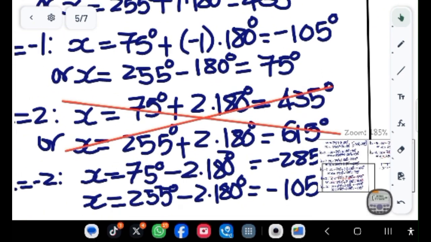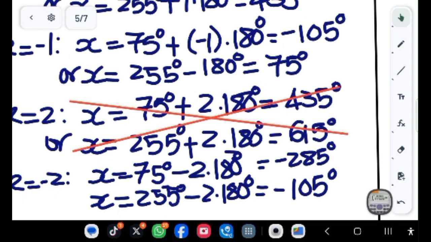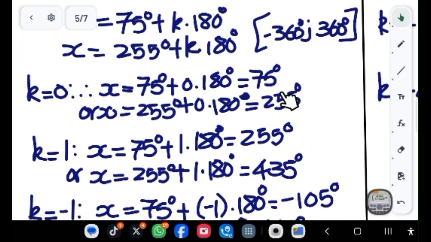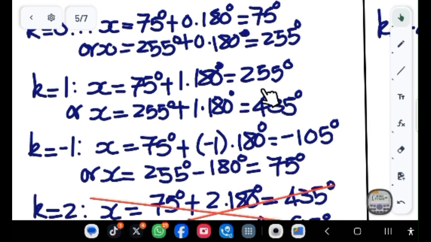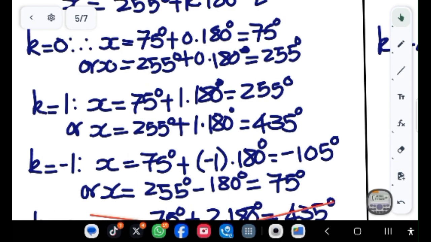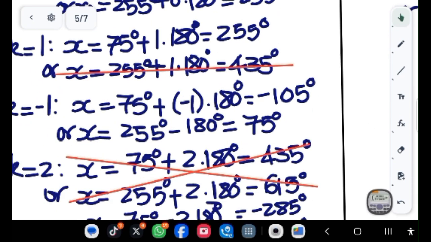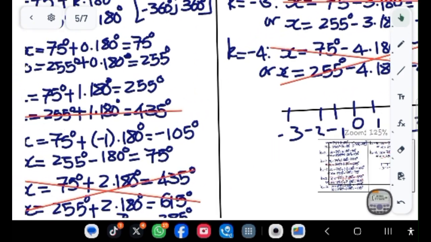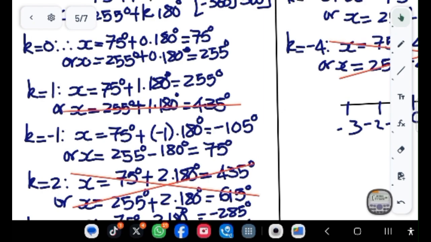Now let's eliminate all of those that are outside restrictions. For k equals 0, all of them are within restrictions. For k equals 1, 435 is outside the restriction.